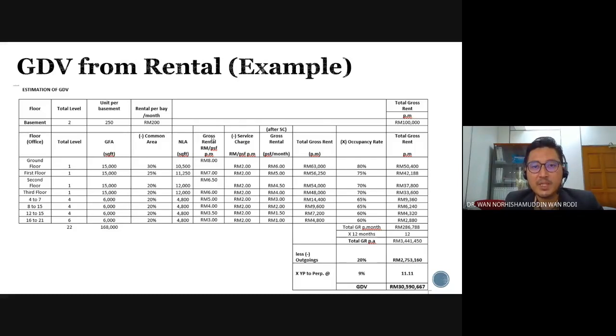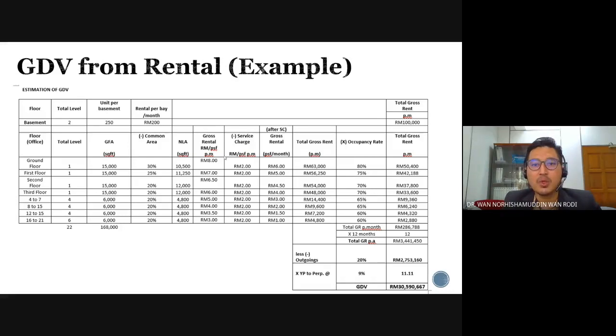So let's say the comparable property could get a gross rental of around 3 to 8 ringgit. You can include it inside your calculation. And then you have to minus the service charge from the gross rental, because within a building such as an office building or service apartment, there is an allocation for service charge.